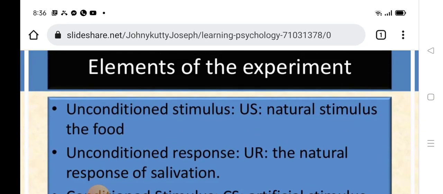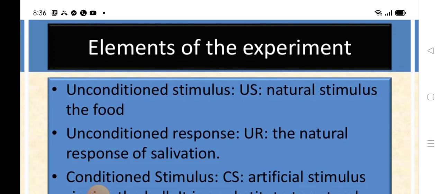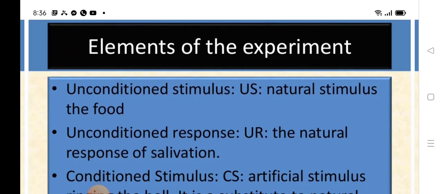Let's look at the elements of the experiment. I have the unconditioned stimulus, the natural stimulus, which is the food, of course. Unconditioned here means automatic, not learned. Remember that. Like the natural response of salivation.